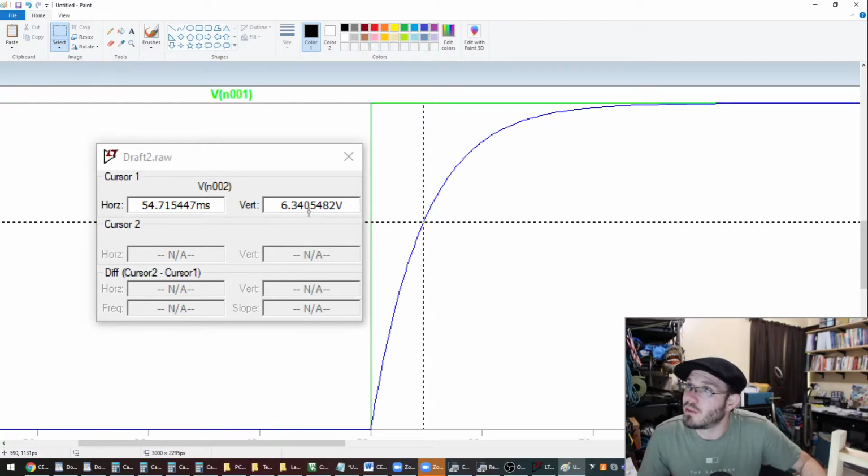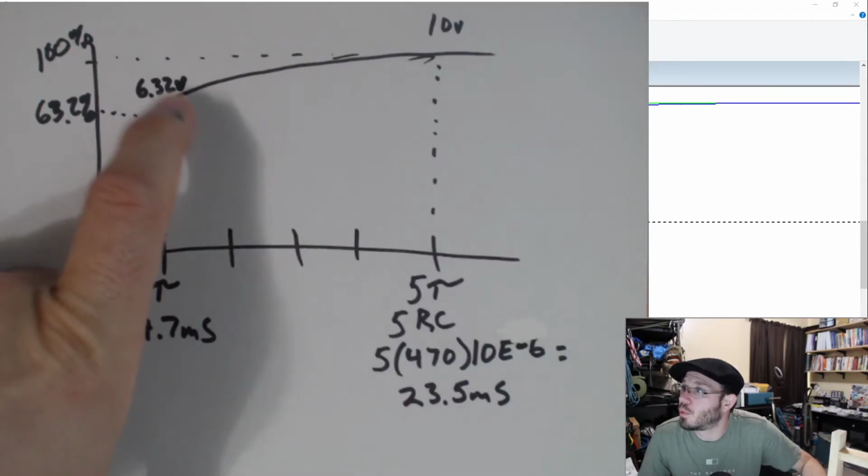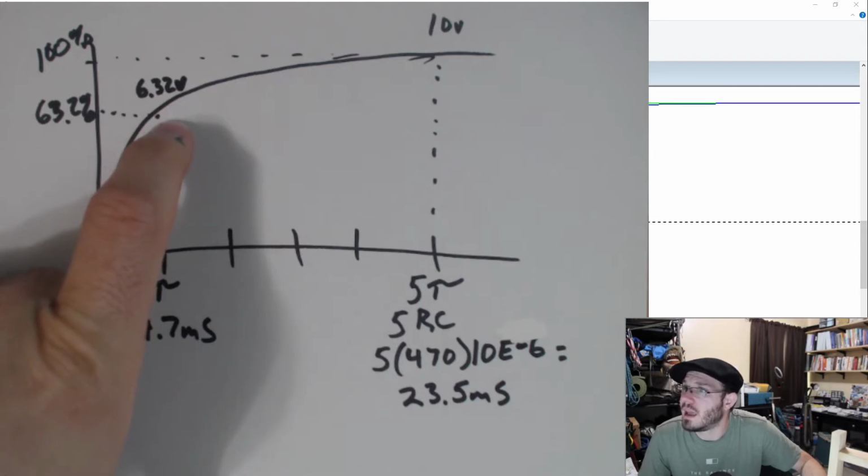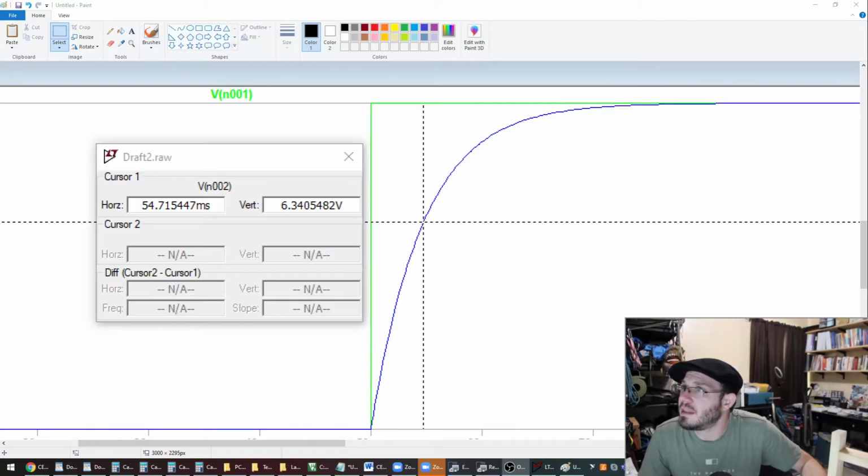Okay, 6.34 volts at the first time constant, versus 6.32 volts. The only reason for the little bit of discrepancy is because I didn't nail this number exactly at 54.7. We're a little above that, so we are going to be a little above that value for the first time constant.